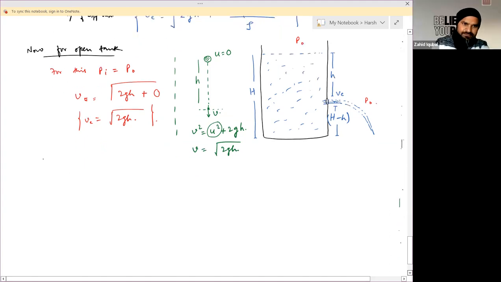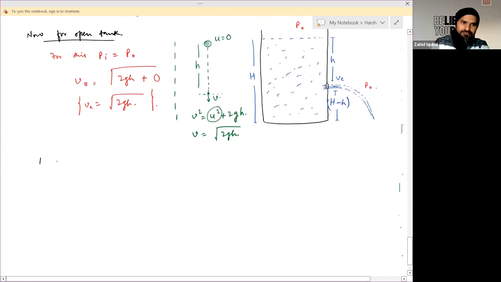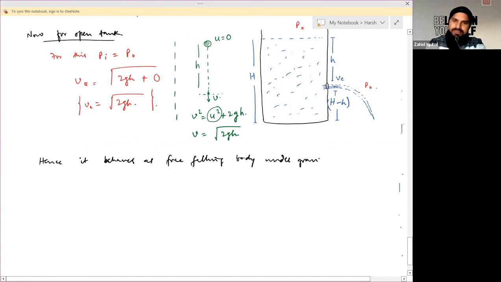Hence, it behaves as a free falling body under gravity. So it will have the same velocity as a free falling body.